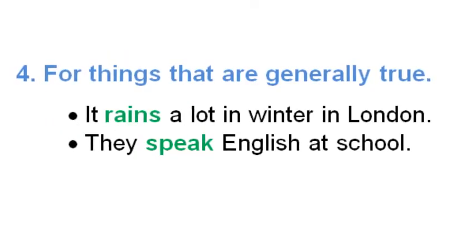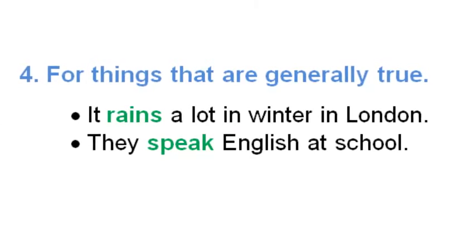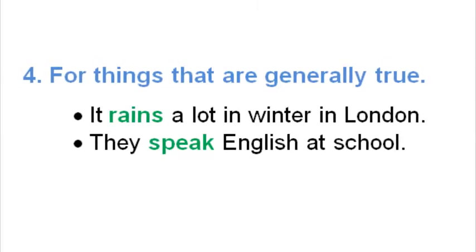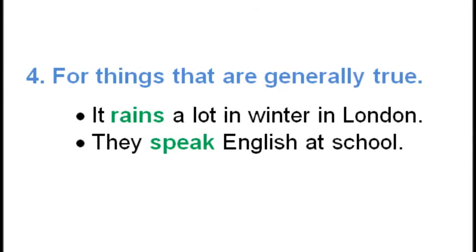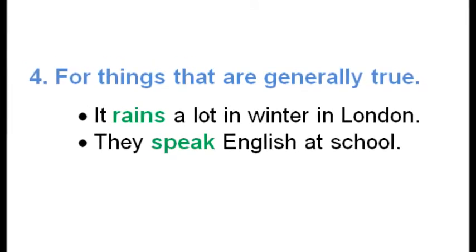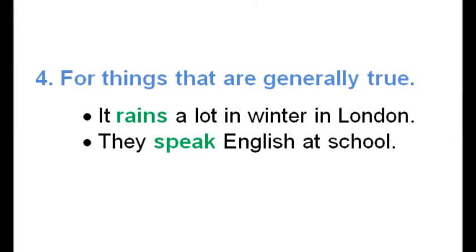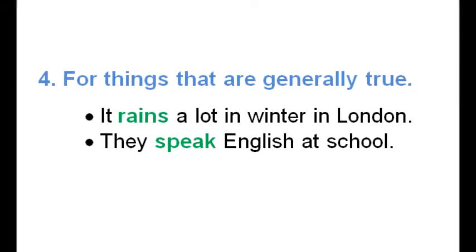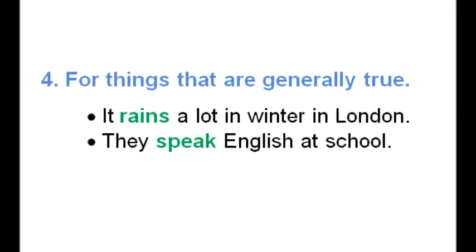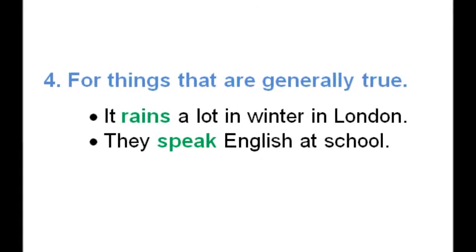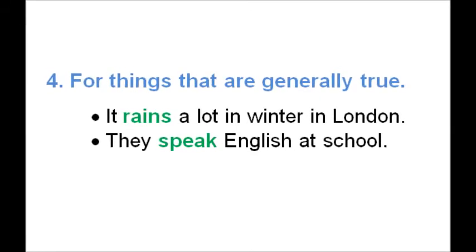For things that are generally true, it rains a lot in winter in London. It is a general truth, and they speak English at school. So for generally true things also, we need to say it in simple present tense only.